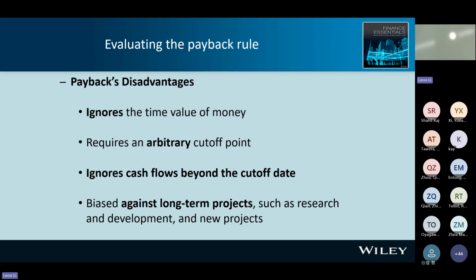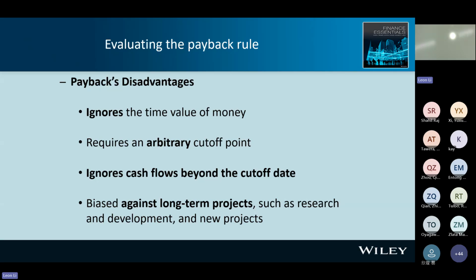The second point, payback requires an arbitrary cut-off year. For example, you set a cut-off year of 3 years. If your payback is under the cut-off year, then you accept. But how do we decide the cut-off year? This is a problem. We don't have the data to support it.